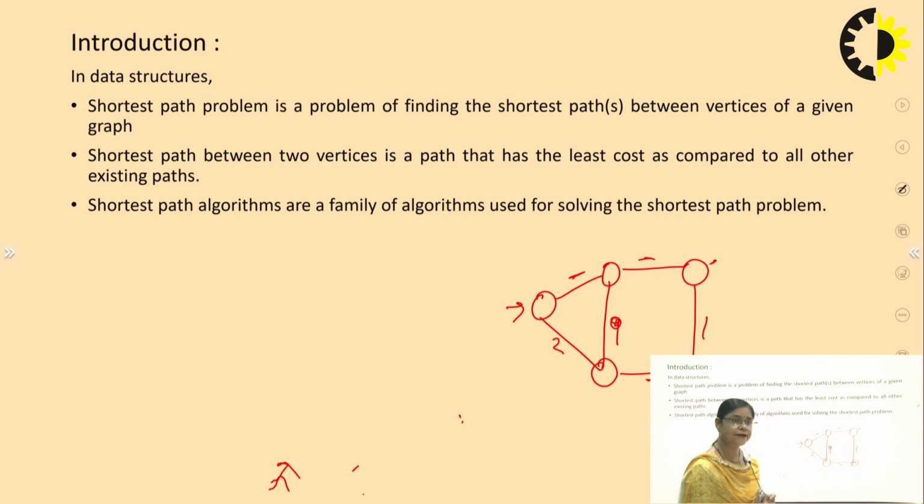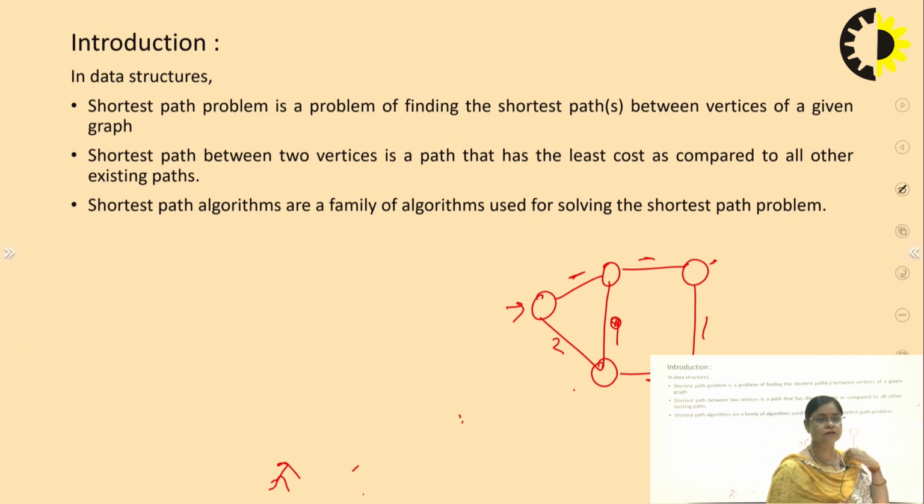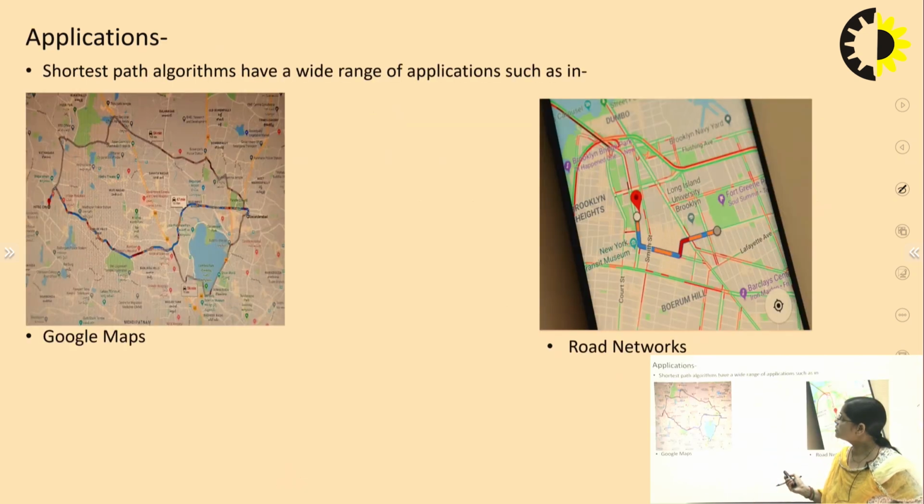So we have to find out the minimum distance between these two vertices, and this can be found with the help of the shortest path algorithm. But there are many shortest path algorithms. I am going to explain the types of shortest path in another slide.